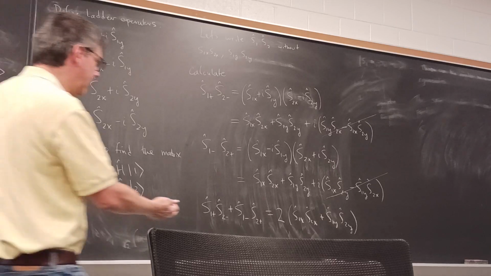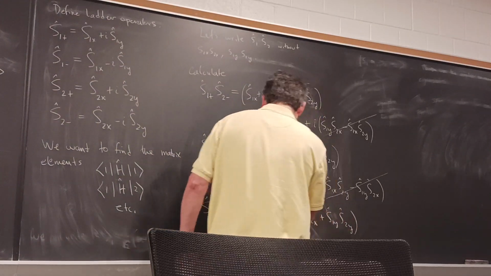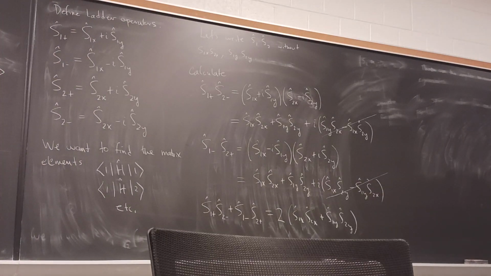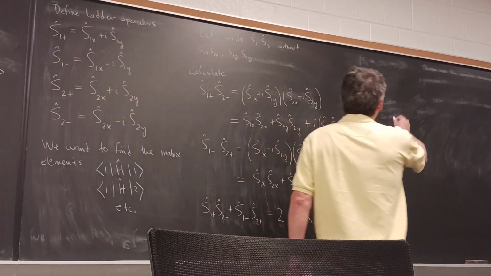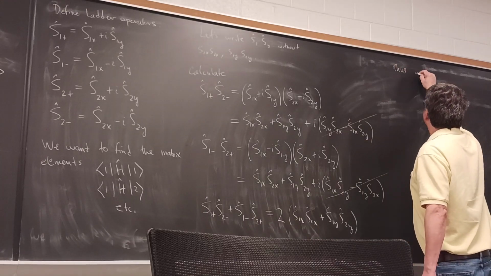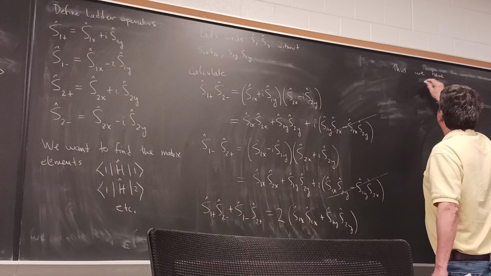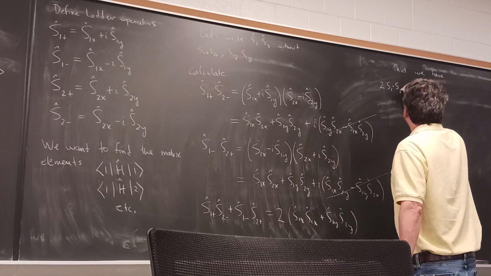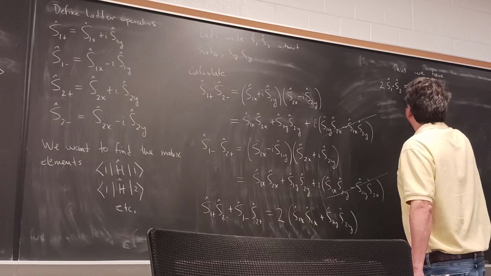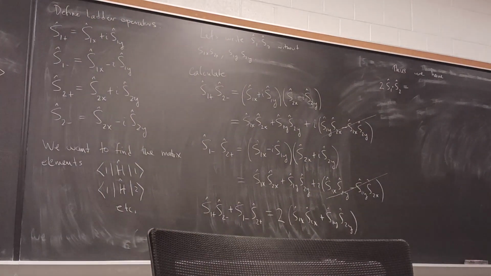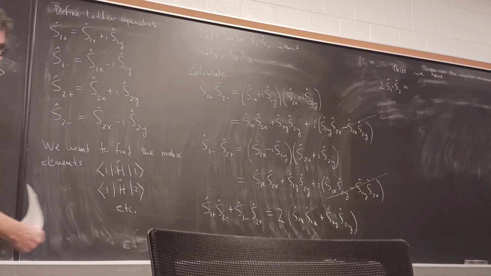I can swap this with these ladder operators. So that means we can write twice, thus, we have 2 times S1 dot S2. So I'm just going to multiply the whole thing by 2. So 2 times this first term, we know what that is.